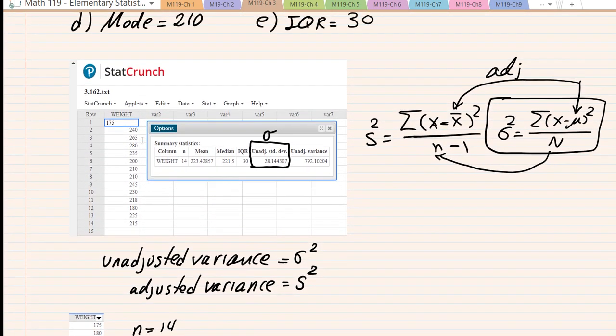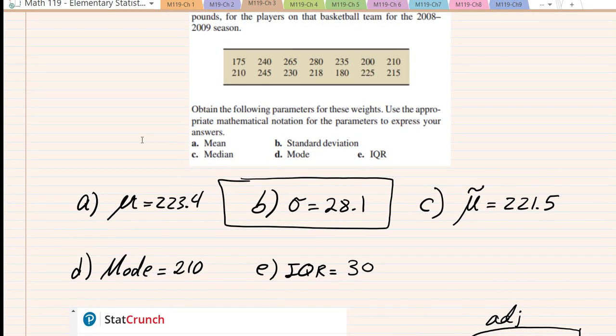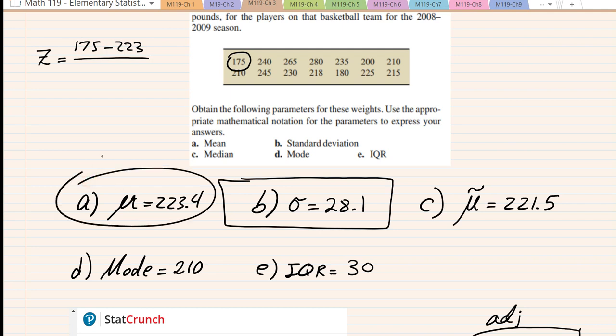Oh, one more thing. The question didn't ask for it, but let's actually do a Z-score, just to see how that works. Let me take a look at the Z-score for the person that weighs 175 pounds. It's going to be X minus the mean. The mean was 223 pounds, right? Now I'm rounding it just to make it easy.